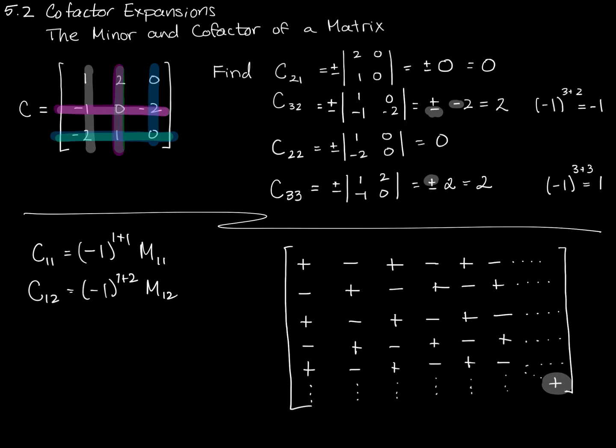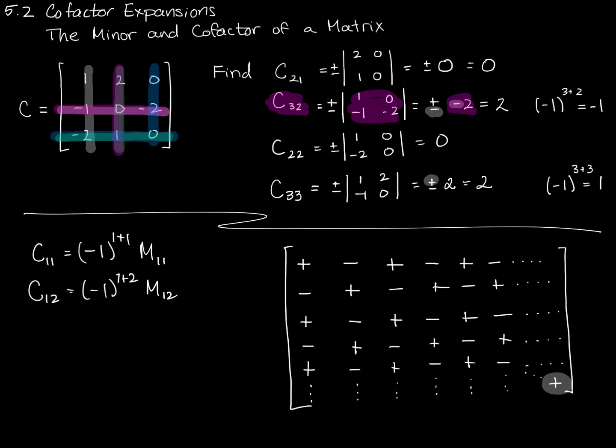Now, the other thing I'd like to point out here is that the value itself is not always positive. We saw that in our example up here, where we found the cofactor of entry 3, 2 by taking the determinant of these 4 values, and we found that that determinant was the number -2, but because of where we were, that was row 3, column 2, so we're in this position here, our cofactor needed to be negative whatever the determinant was.